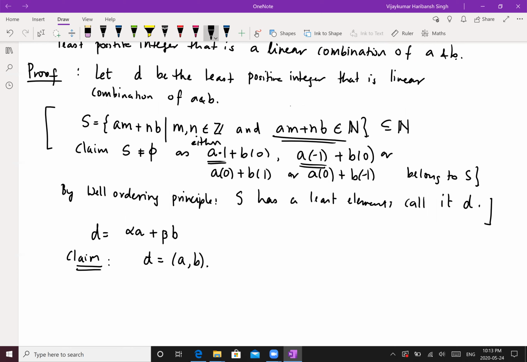Now we want to show that. So there are two parts. That means we need to show two things. First, d divides a and d divides b.